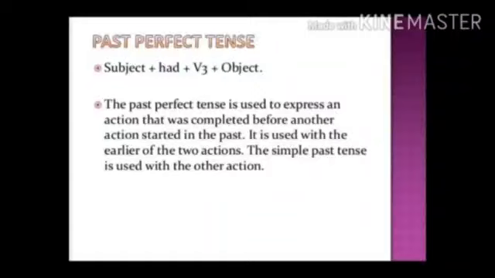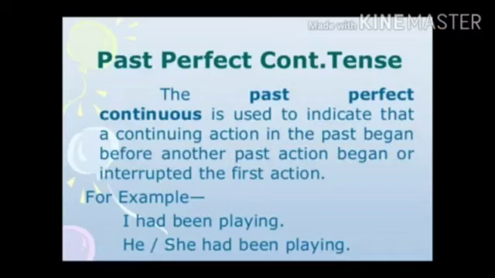The other example, we had reached their house after the dinner was over. And the last one, past perfect continuous tense. It is used for an action before a certain point in the past and continued up to that point. Like I had been studying. If it had not been raining, we would have gone to the park.